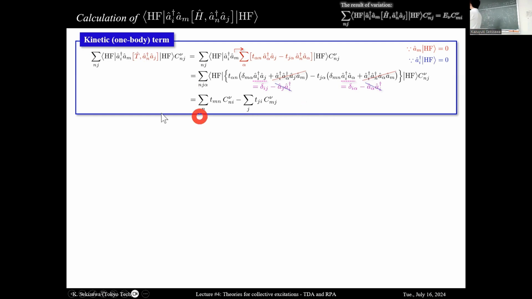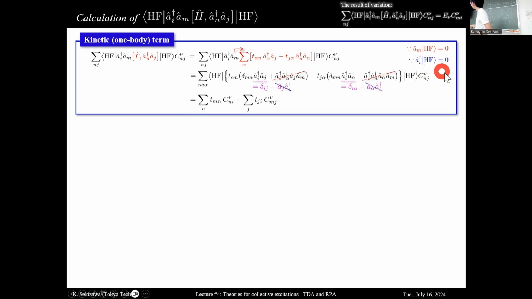Now, as you can see, by taking this expectation value between Hartree-Fock states, you can finally eliminate the creation and annihilation operators. We just used this condition: annihilation of a hole state gives 0 because they are empty, and annihilation of a particle state gives 0 because of empty levels.